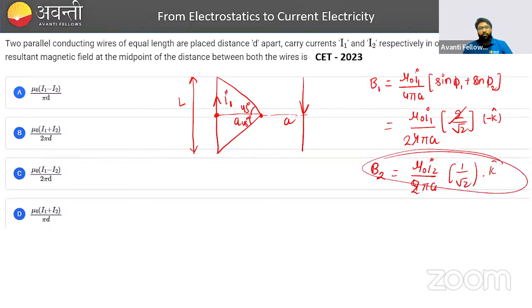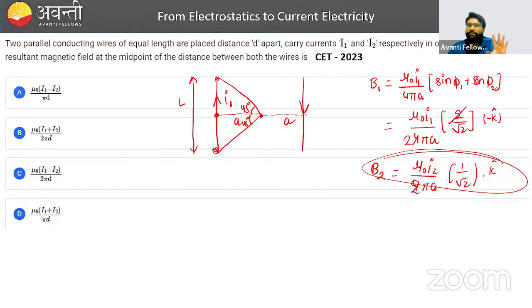Now look, 1 by root 2 we will never find in the answers. Why is it so? Because when you are considering that this particular wire has equal length, but the length is not mentioned, you have to assume that the wires are infinitely long.